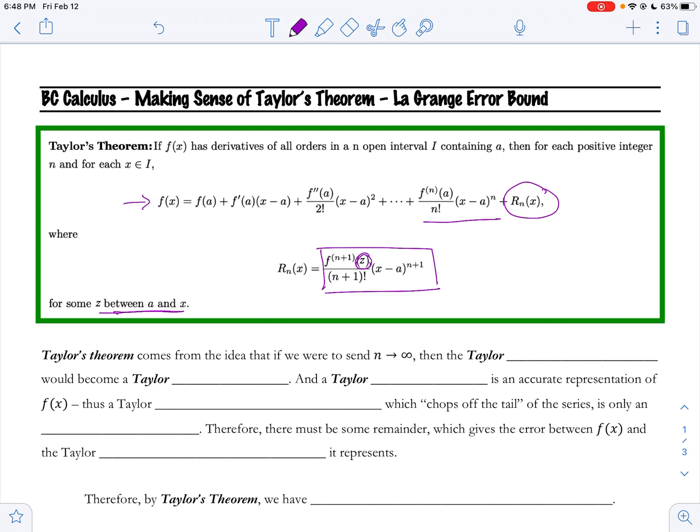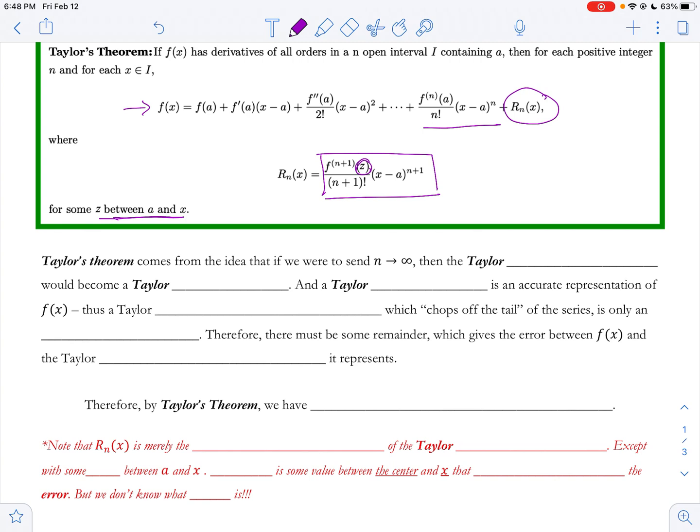So Taylor's theorem comes from the idea that if we were to send n to infinity, then a Taylor polynomial would become a Taylor series. And a Taylor series is an accurate representation of f of x.